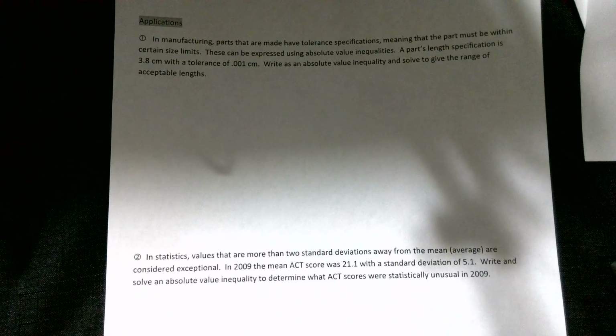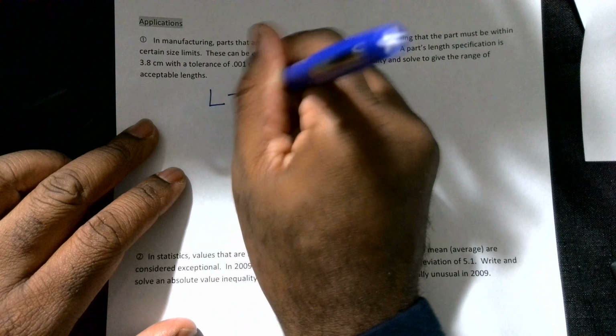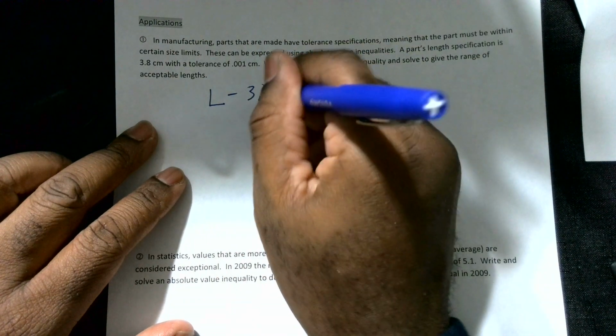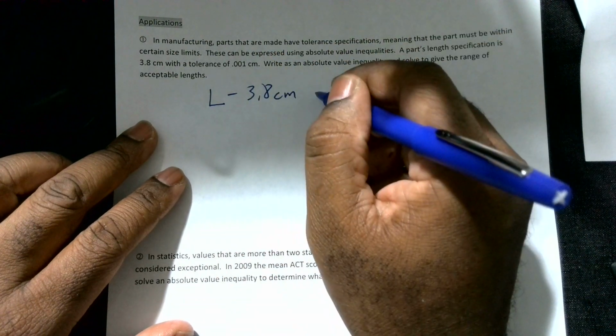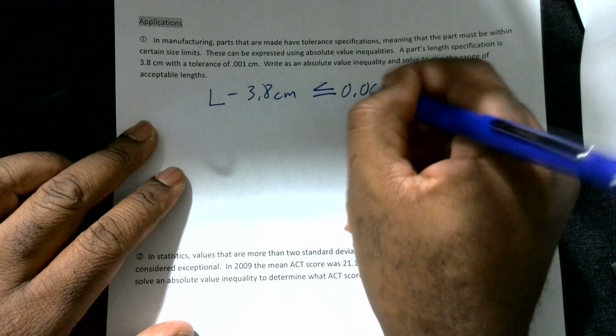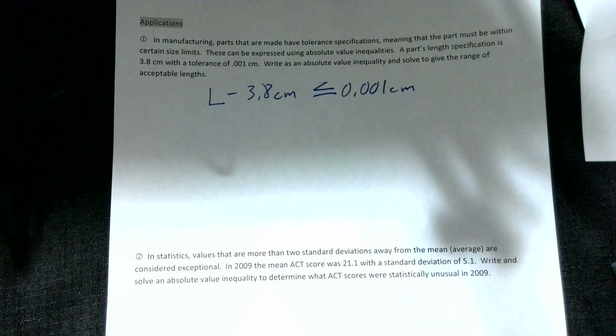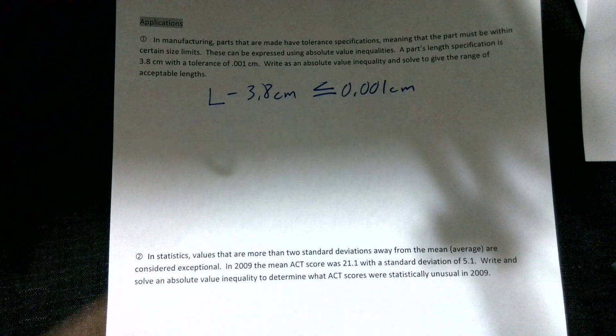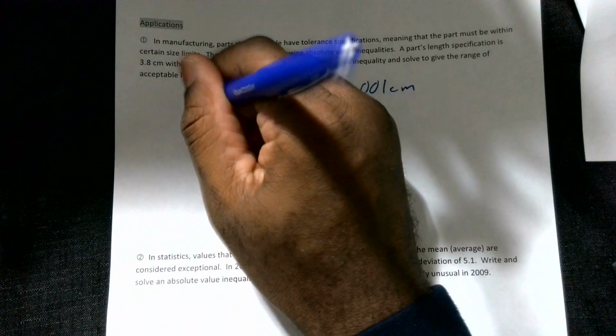So we will start this problem off as the absolute value of L minus 3.8, and L stands for the length in centimeters, must be less than or equal to 0.001 centimeters. And this would be our absolute value.